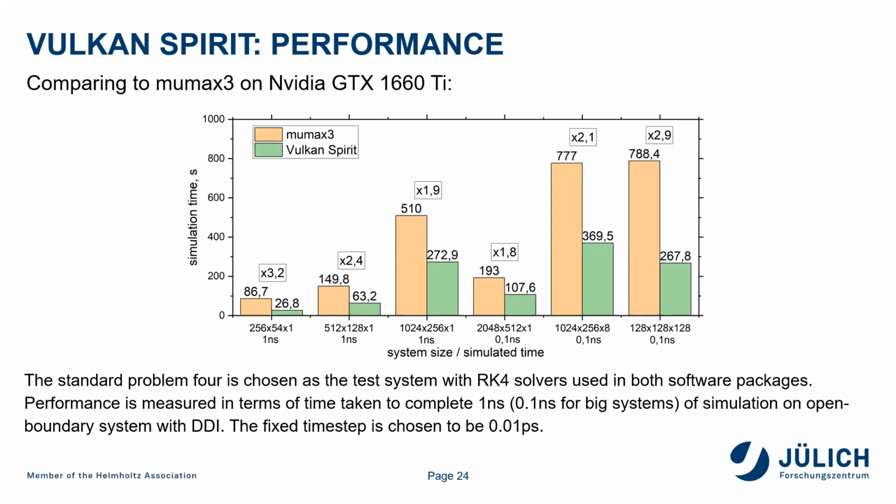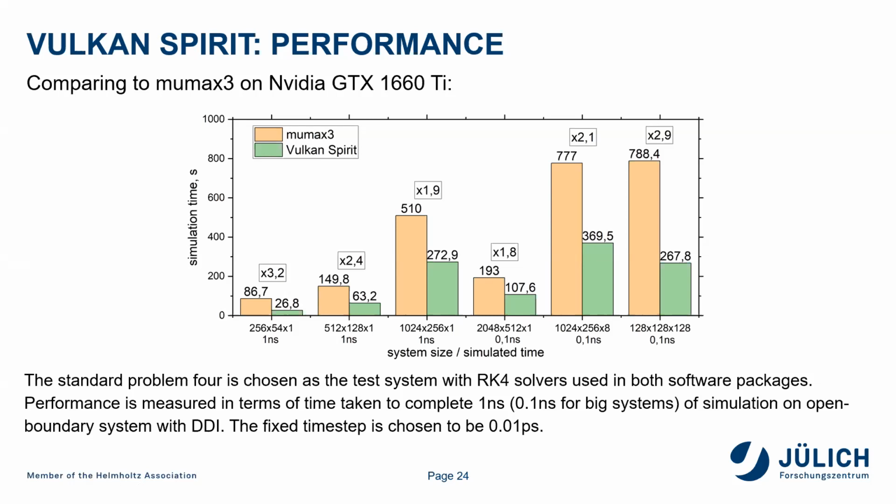We use all the aforementioned techniques of fast Fourier transform optimizations. MUMAX3 is a CUDA-based code that was developed for about 6 years and is commonly used in the field. And we compare it apple to apple to Vulkan Spirit because we use the same Runge-Kutta 4 solver, the same time discretization, the same open boundary system with dipole-dipole interaction, and the same time step. And I integrate for the same amount of time.